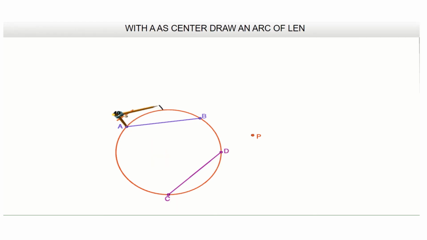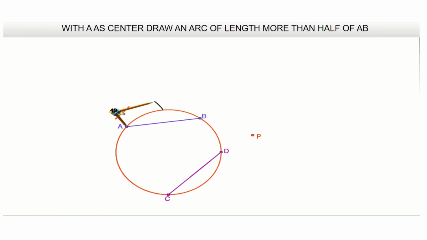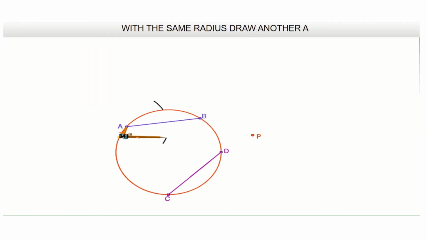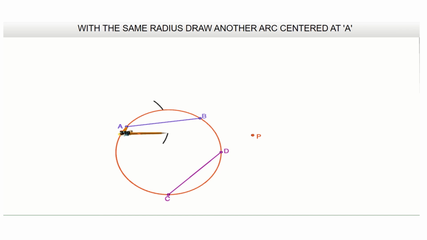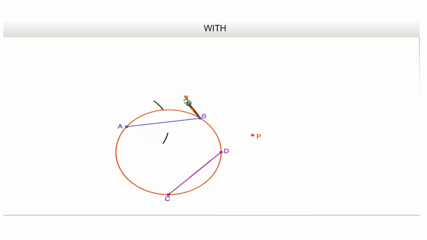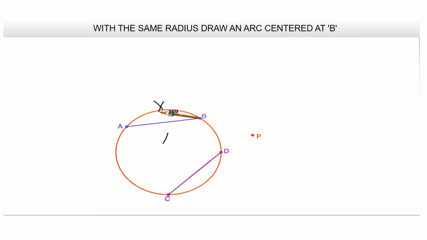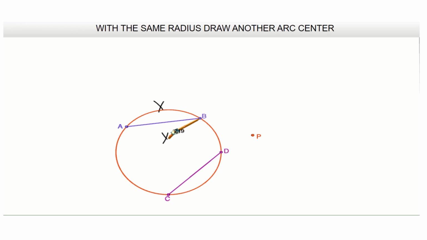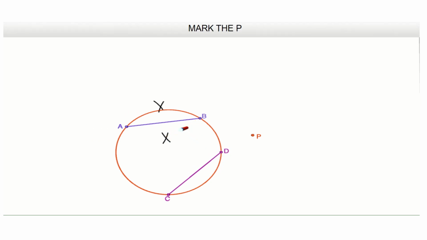Next, I am going to fix the center as A. More than half of the length, I am going to draw the arc from A. The same thing I am going to repeat, but I am going to fix the center as B. I am going to mark the point of intersection and I am going to join those arcs.